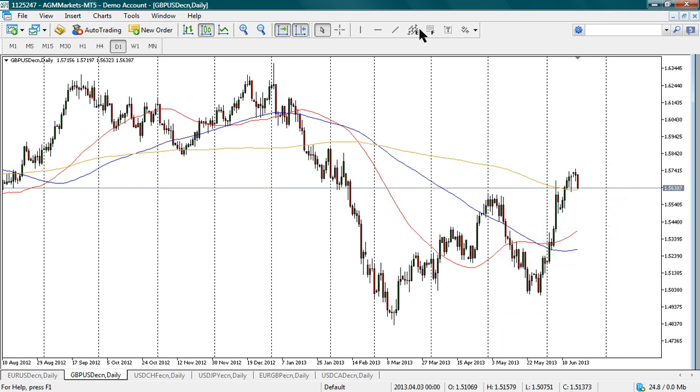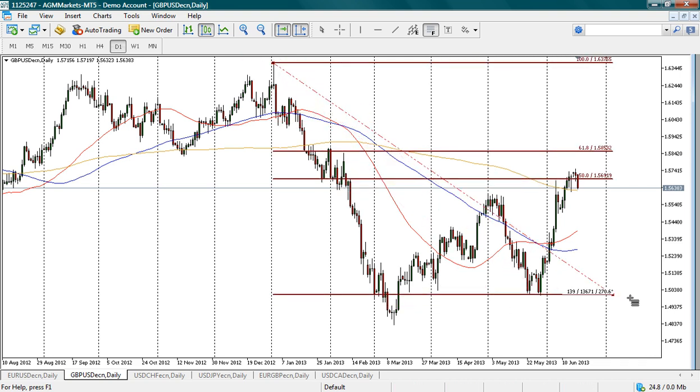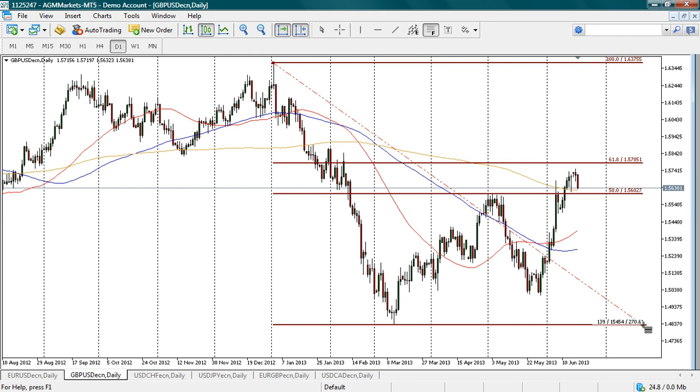But what we do also have, I think this is a fib. Actually, no, it's not. The highs to lows, we initially got capped up here at the 50% at 1.5604, and that sold off, and then we've just grinded hard. We've closed above this 50%.